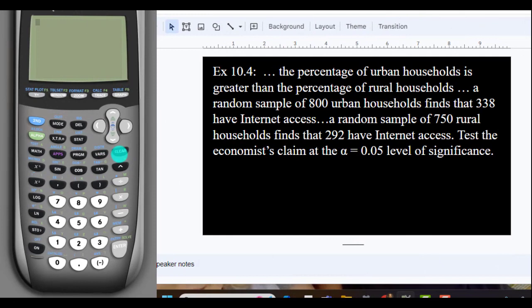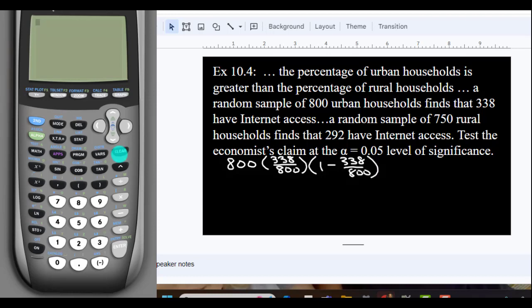Now the first thing I'm going to do is test to see whether we have large enough sample sizes. I would think with 800 and 750 sample sizes we would have plenty, but let's double check it. So we're going to have n1 times p1, which is 338 over 800, times 1 minus 338 over 800, and we're going to multiply that out.